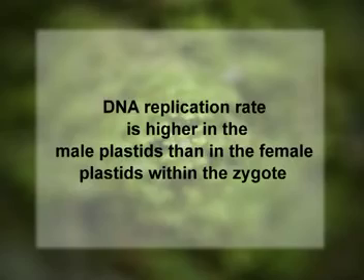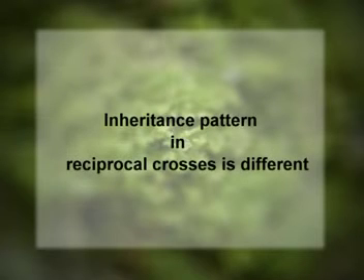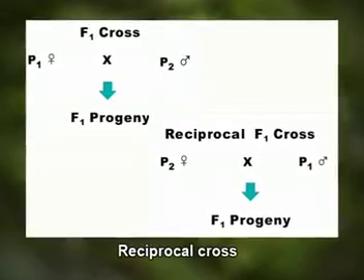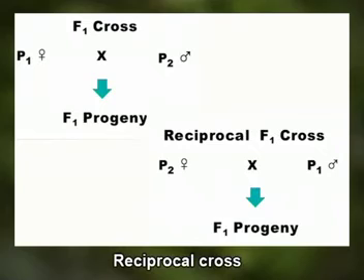The cytoplasmically inherited traits are identified by the following facts. Number first, the inheritance pattern in reciprocal crosses is different. The progeny shows only the characteristics of the female parent, and this is attributed to unequal cytoplasmic contributions of male and female parents.